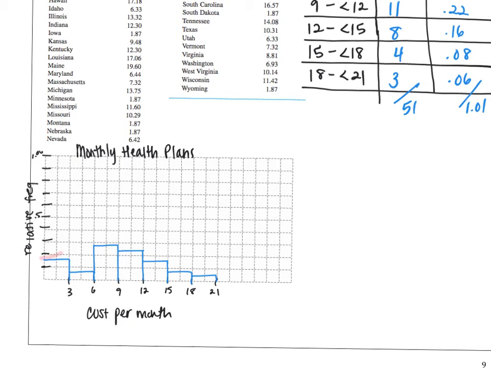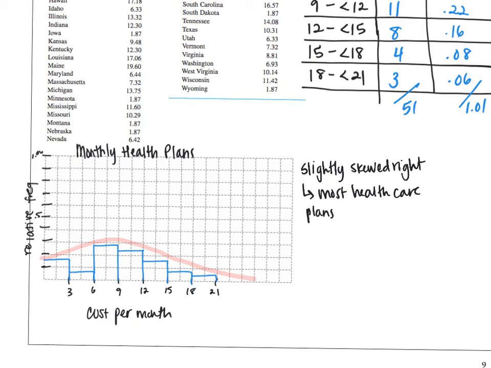All right, it asks to comment on the shape of this graph. This graph seems to be slightly skewed to the right, possibly. Not strongly, but it does seem to be slightly skewed right, which would indicate most healthcare plans are affordable and between, you know, $6 to $9 a month, where a few are more pricey.